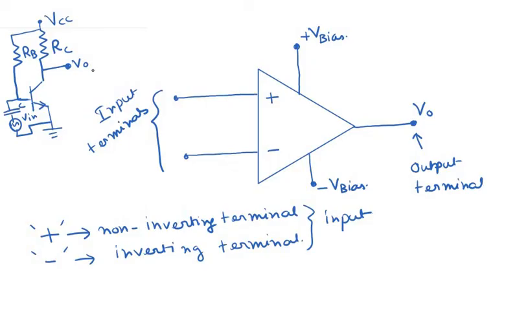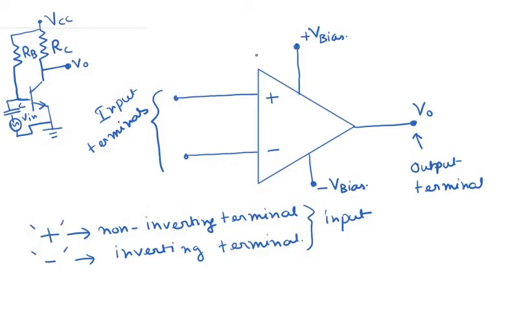In cutoff no base current can flow, so no collector current can flow, and then there is no voltage drop across this resistor RC. So V0 is equal to VCC.